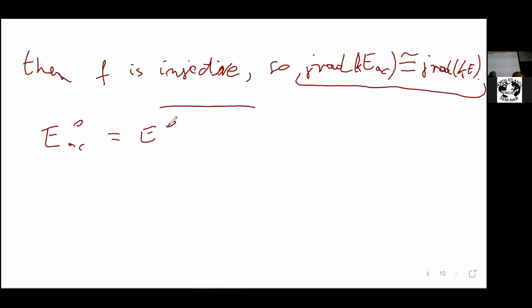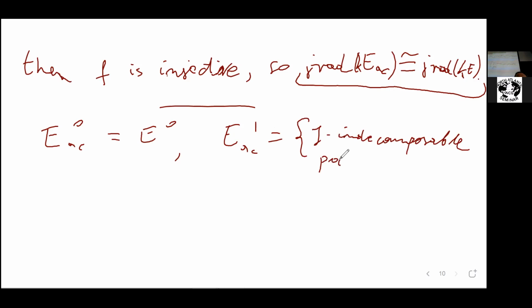So vertices are untouched. But now we define EAC 1. And now I can actually guess what I'm going to write. I say that the edges are J decomposable paths in JE.